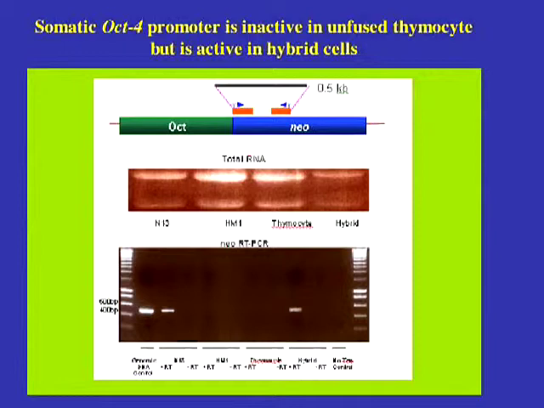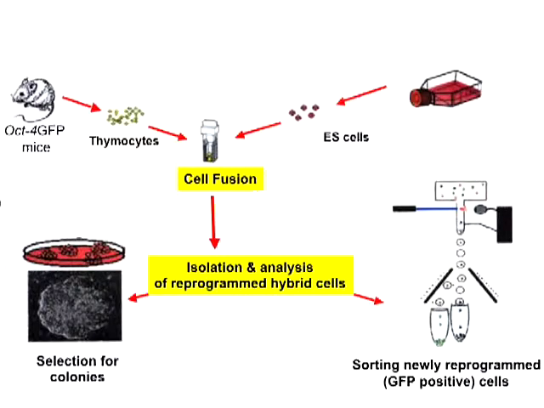So if we take these cells, they'll be GFP negative because this gene will be off, and then we fuse it to ES cells, and we can identify reprogramming as green fluorescence appearing in our fusion products. So this is the way we're now attempting to get to reprogramming much sooner than previous studies.